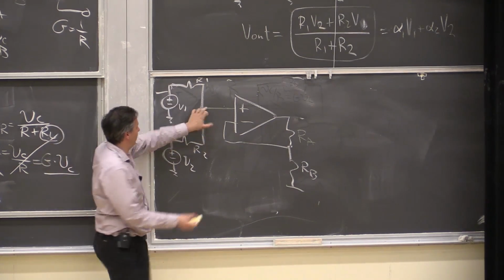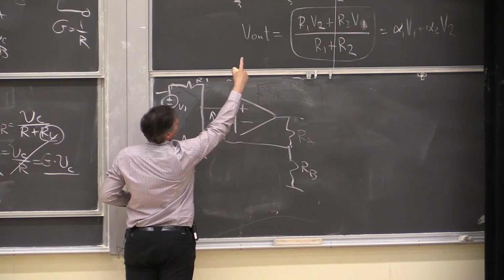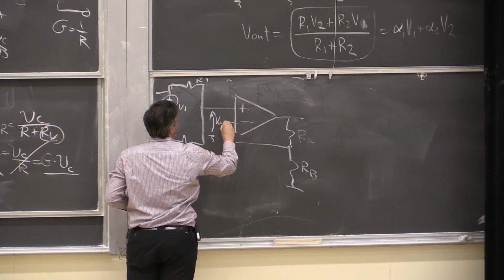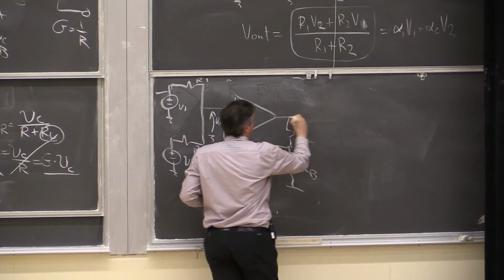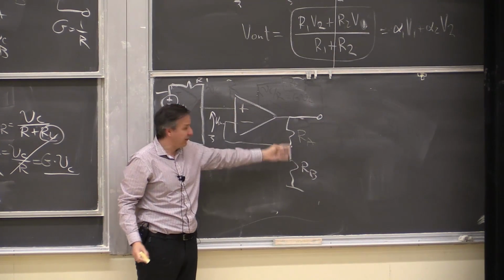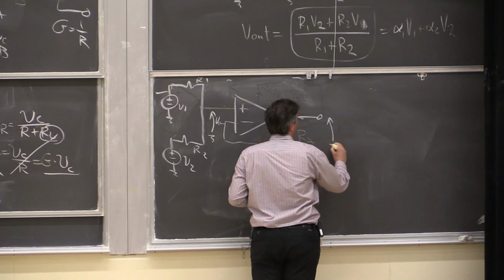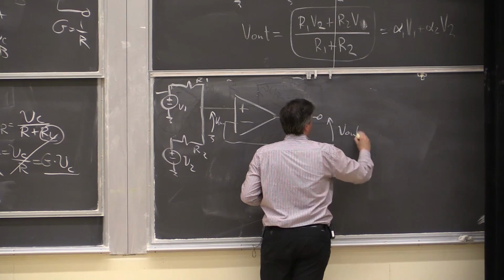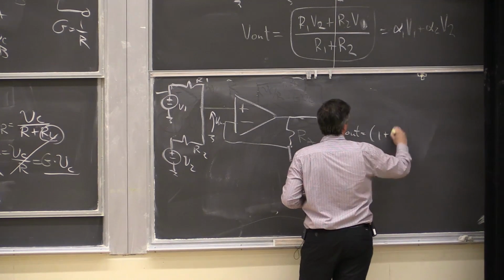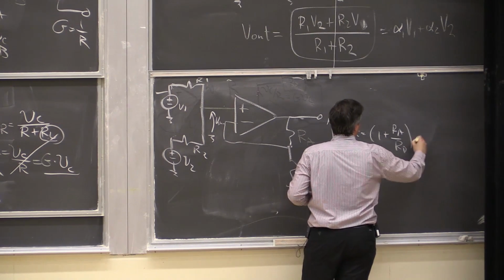This voltage here to ground will be my V sum, and I would amplify that V sum by 1 plus RA over RB. And here I will be getting V out, 1 plus RA over RB times V sum.